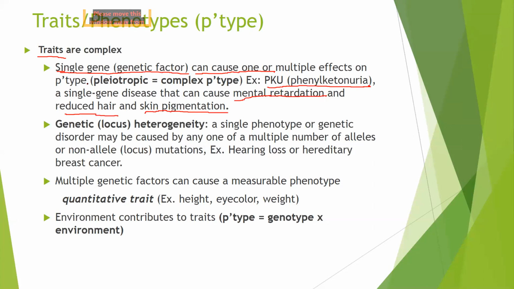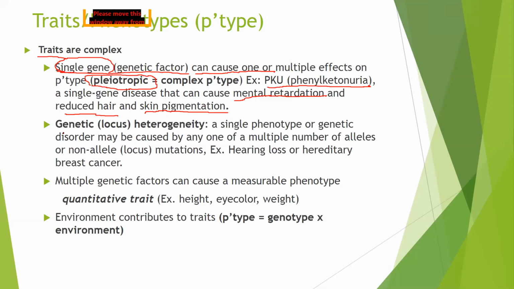So we have a term for this kind of trait. Yeah, this is very important. Please pay attention to this term, pleiotropic, which means a single gene can cause problems or variations in more than one trait. So this is called pleiotropic.